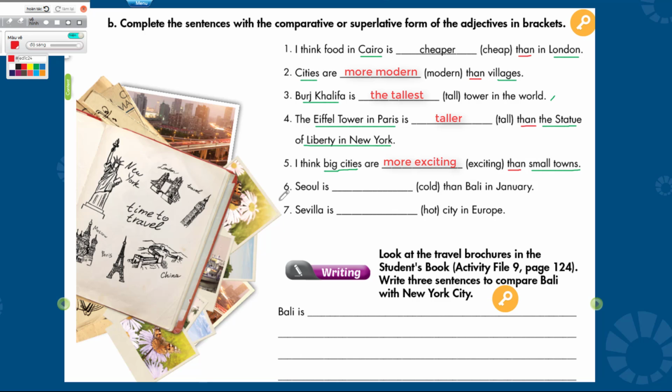Very good. Number 6, Seoul is cold than Bali in January. So here we have Seoul, we have Bali, right? So especially we have than. Okay, ta có chủ ngữ 1 là gì? Seoul.